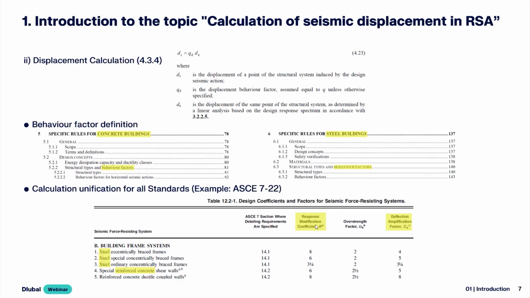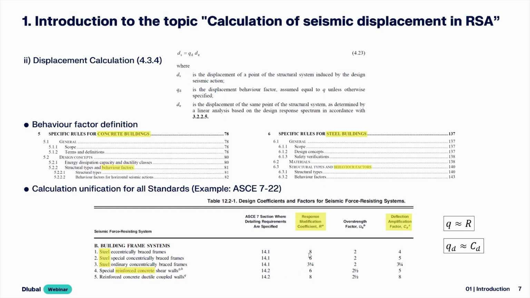So this response modification coefficient R is the equivalent to Q, and CD, the displacement coefficient, is like the equivalent to Q sub D. So one can write Q approximately the same as R, and QD approximately CD. Just from the values on this table, we see that the definition is not as trivial as I just said, as in Eurocode, where Q is equal to QD.